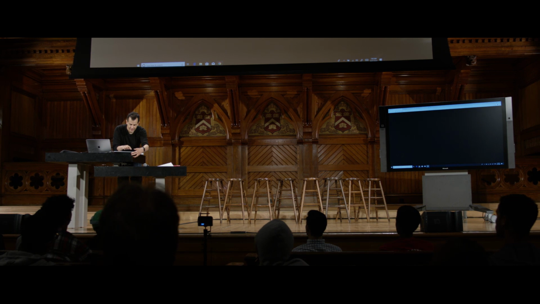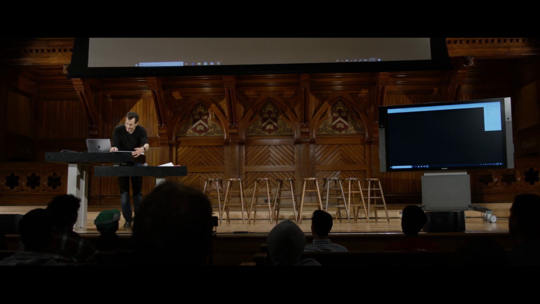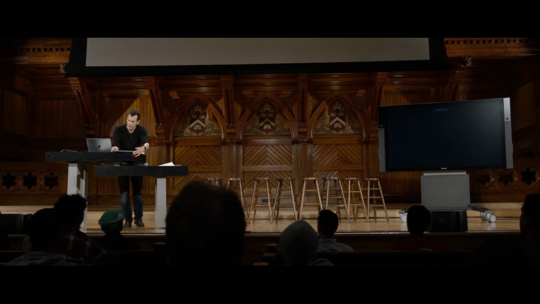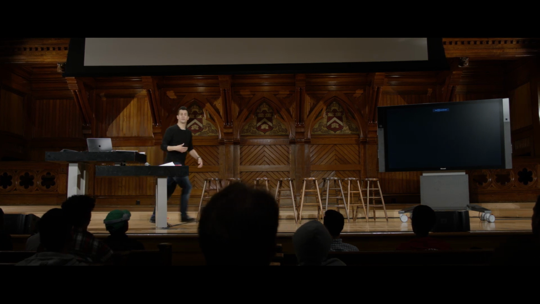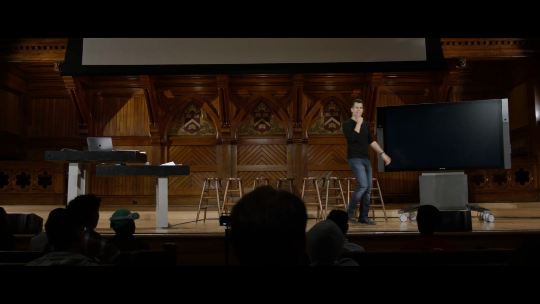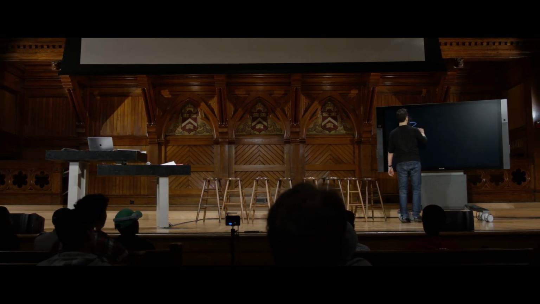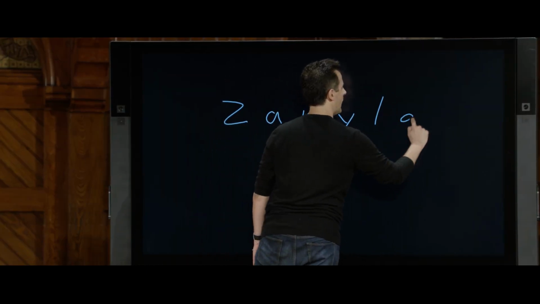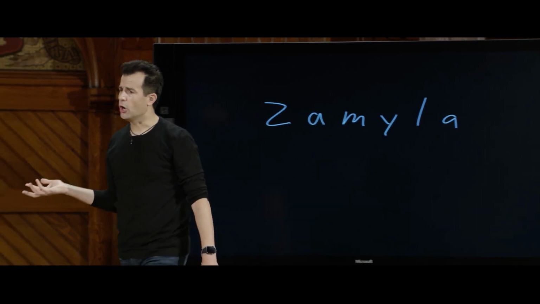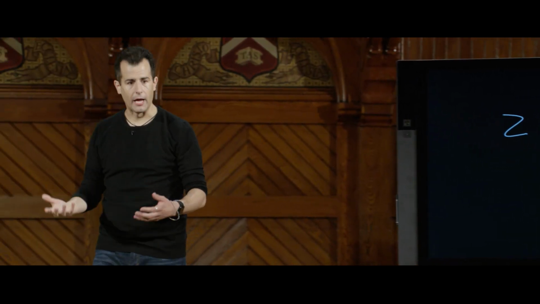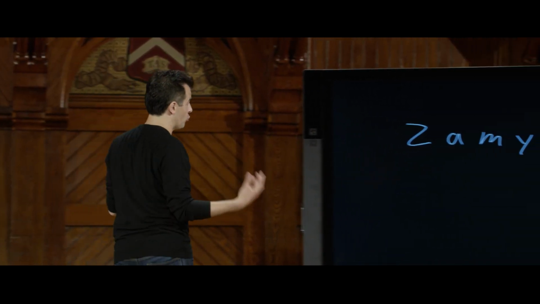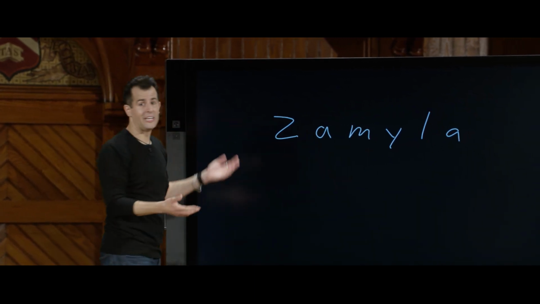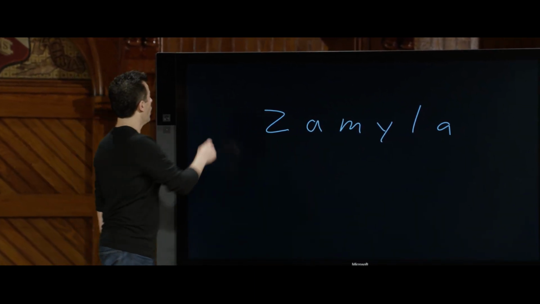All right, so let me go here and draw a picture of what's actually going on underneath the hood of the computer here. So when I type in Zamila's name, I'm, of course, doing something like Z-A-M-Y-L-A. But where is that actually going? Well, we know now that inside of your computer is RAM or memory. And you can think of it like a grid. And honestly, I can think of this whole screen as just being, in a different orientation, a grid of memory.